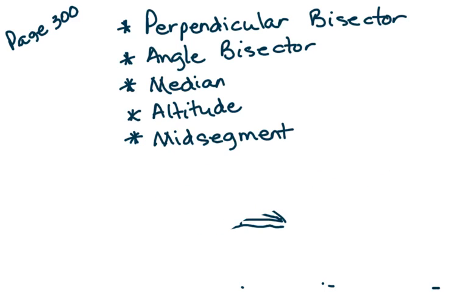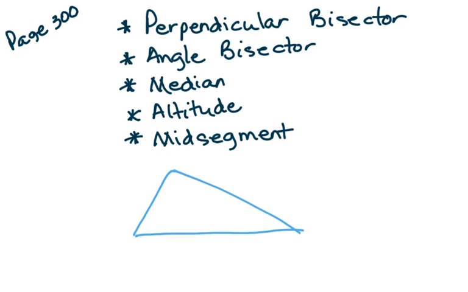The next one, let's do. Please take these notes. Please write this down. Okay, let's do an angle bisector. So we have a triangle like this. And an angle bisector just means that whatever this angle is, it's going to cut it right in half. And then it will continue right over.